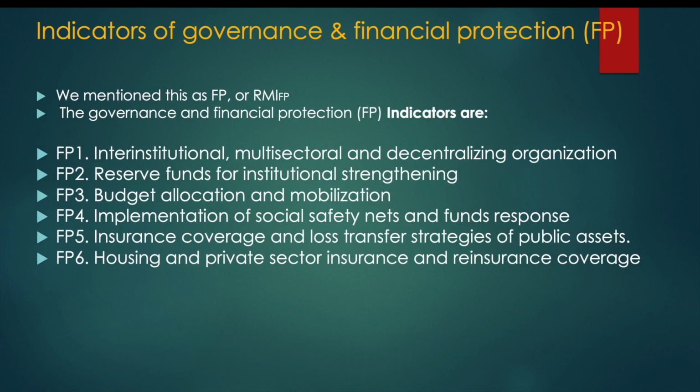The next component is indicators of governance and financial protection, that is AP. We can see that governance and financial protection is fundamental for sustainable development and economic growth in a particular country. This implies, on the one hand, the coordination between different social actors that necessarily are guided by different disciplinary approaches, values, interests, and strategies.